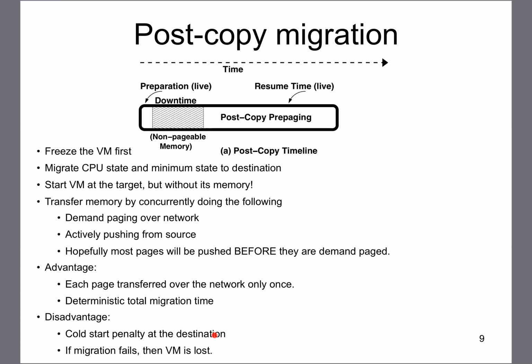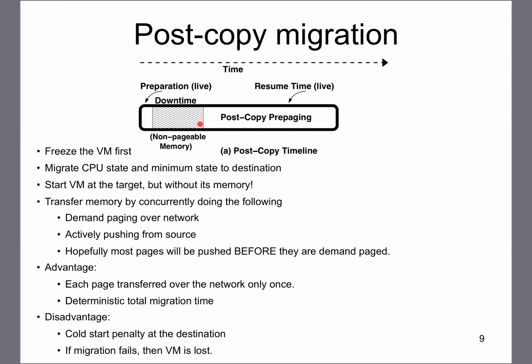Because now, for some part of the migration, you have the VM state split across the source and the destination machine, right? So when we move the CPU state over to the destination and start executing the VM, the most up-to-date execution state, the program counter, registers and all that stuff, are at the destination, but all the memory is at the source.